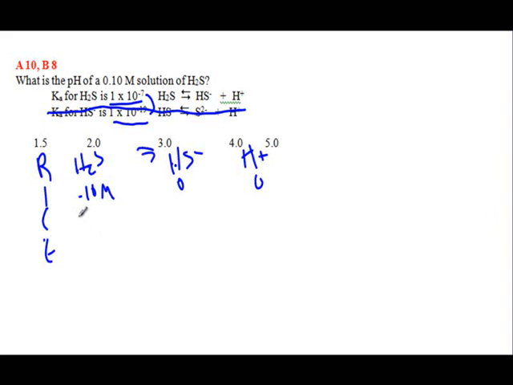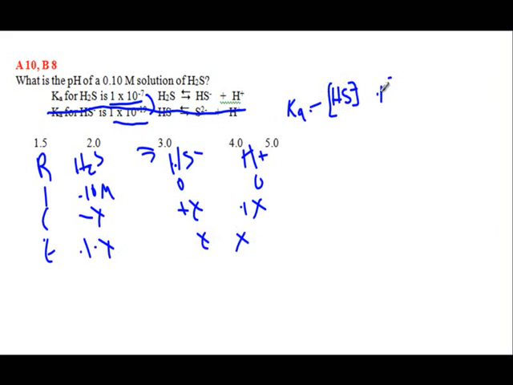I lose some X, and I gain the same amount of X for each of the products. So this is 0.1 minus X, this is X, and this is X. So my Ka is going to be my concentration of the products, HS- times H+, over H2S.